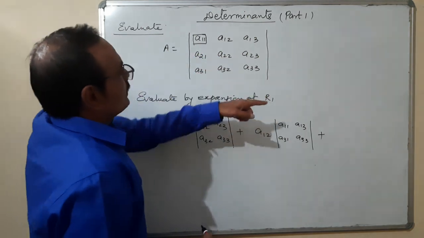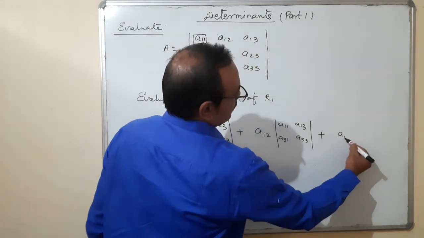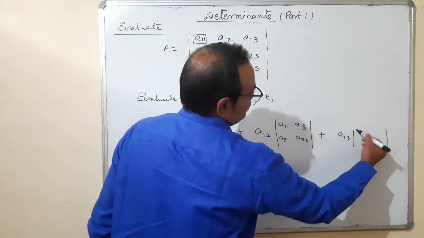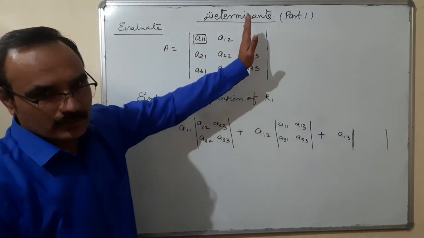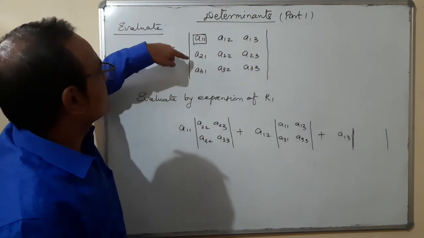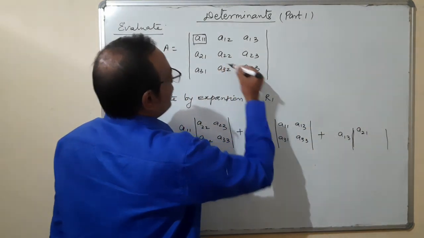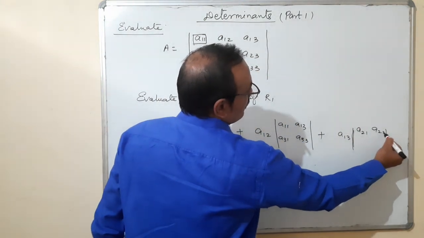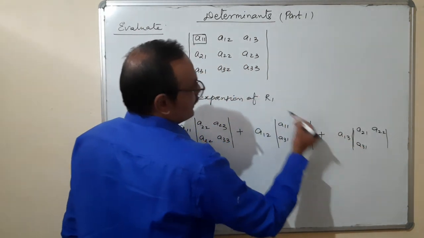Plus the last element of this row, A13. Doing the same thing, leaving its row and column, what remains is A21, A22, A31 and A32.